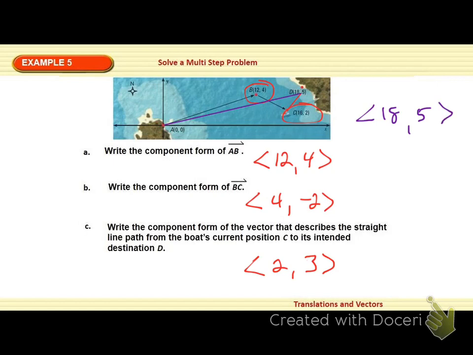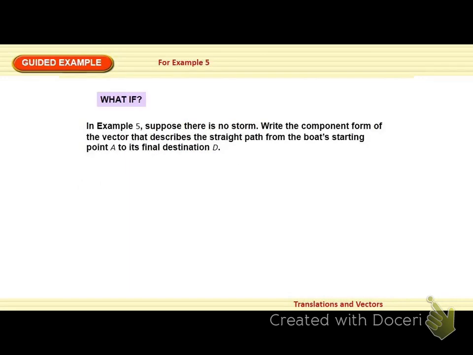Which you can get from the graph, or you can just add up the horizontal components of all the other vectors. 12 plus 4 plus 2 is 18. And then add up all the vertical components of the other vectors. 4 plus negative 2, which is 2. 2 plus 3 is 5. And you get 18, 5. All right? So there you go.